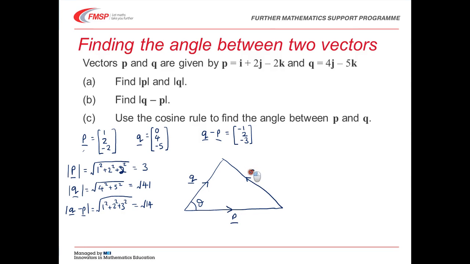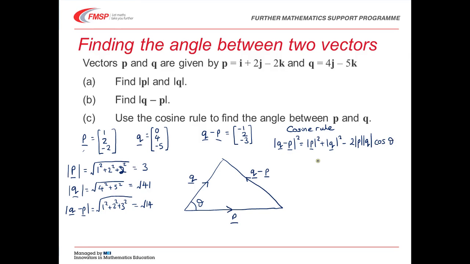And this side in this direction is Q take away P. Okay, using the cosine rule, the length of Q minus P squared is the other two sides squared minus twice mod P mod Q cos theta.